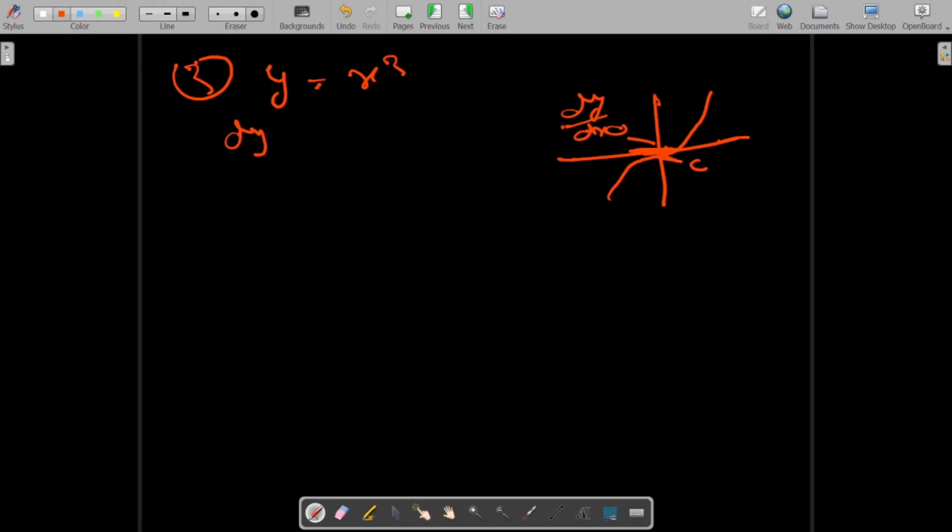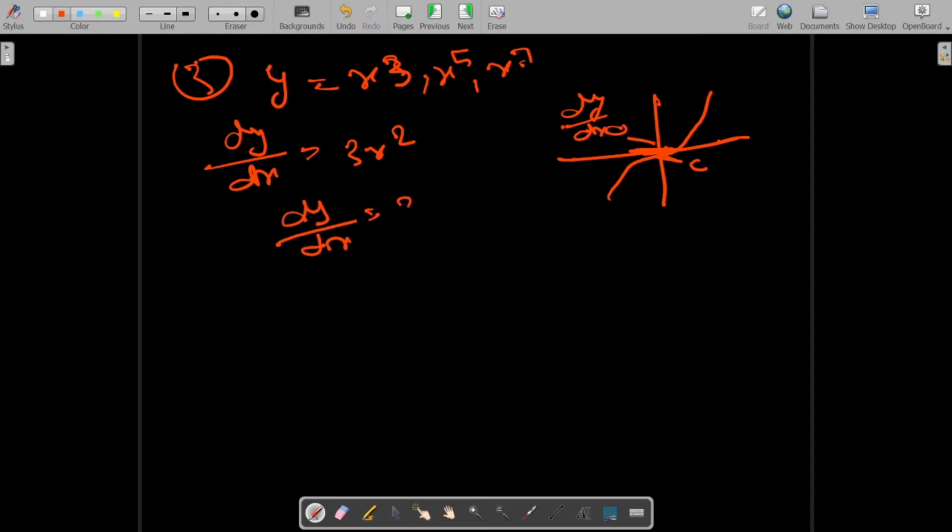So let's differentiate. dy by dx equals, it could be x cube, x5, x7, anything, but then it is 3x square. Now equate dy by dx, 3x square, equal to 0, then x equals 0. So it confirms that it's a stationary point and it is having maxima, minima or inflection point.